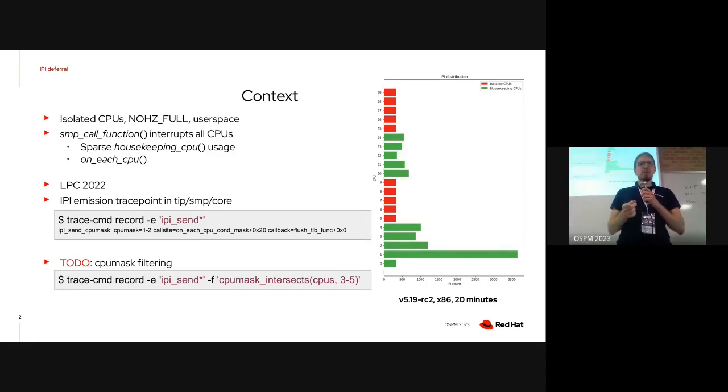I do want to work a bit more on the ftrace side just for filtering, so that you can use the filtering mechanism to only get the trace events targeting certain CPUs. You can directly filter on the CPUs you care about, the ones that are isolated with no hertz full, and just get that. It takes care of the post-processing for you.